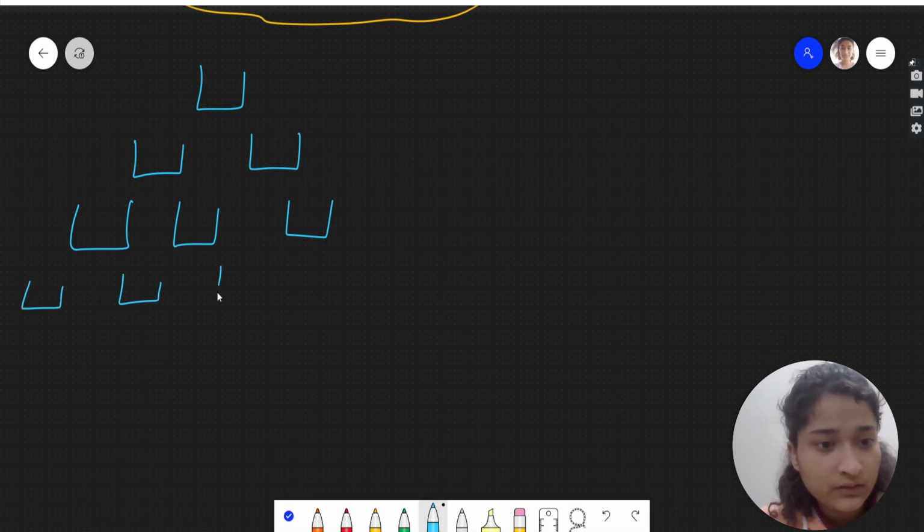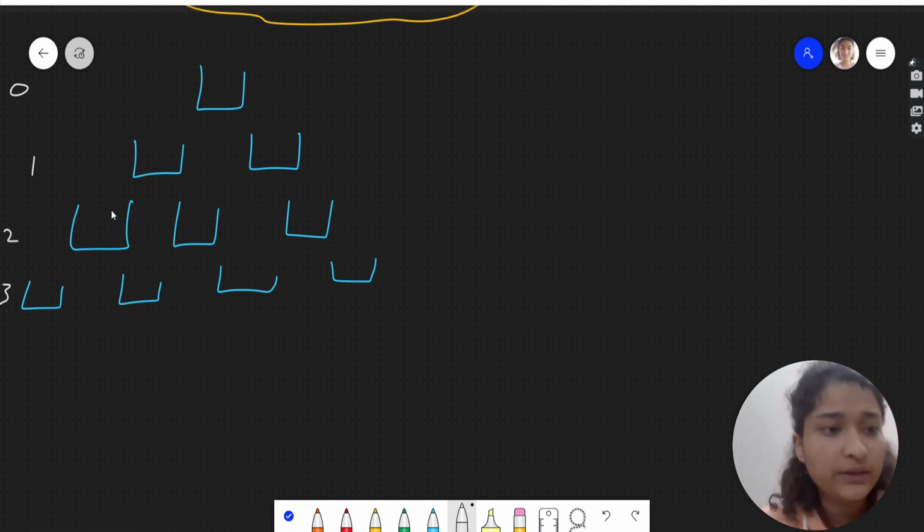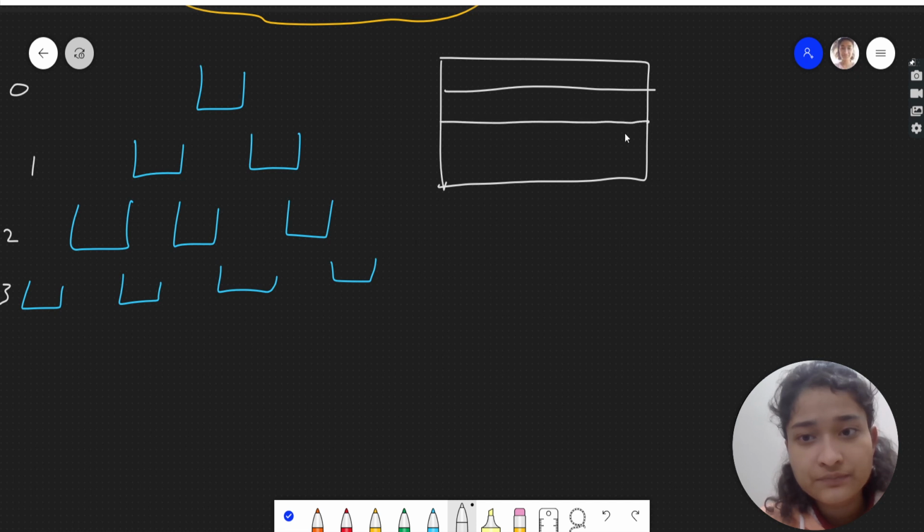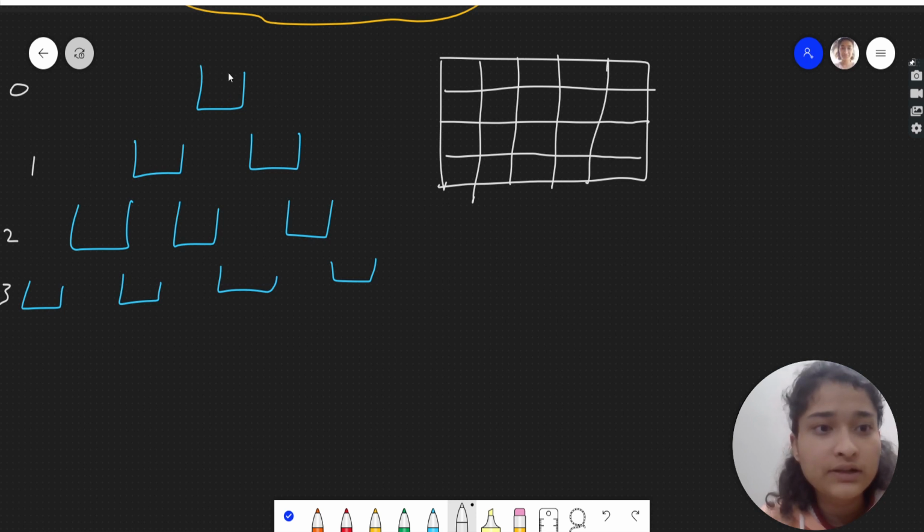I will also do the indexing: this is the 0th row, first row, second row, third row, and I will not mark the columns for now. We will store this in the form of a matrix only, so let me do the indexing 0 1 2 3, 0 1 2 3 4.